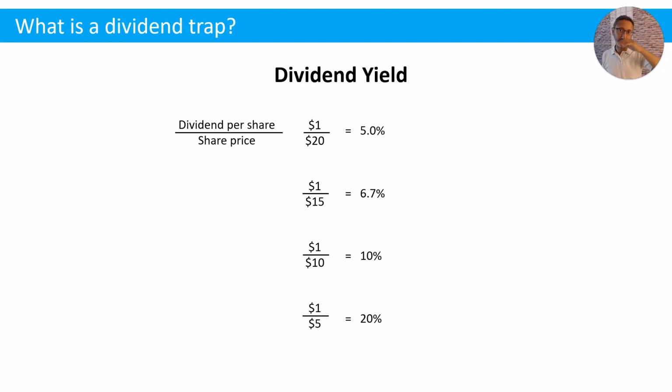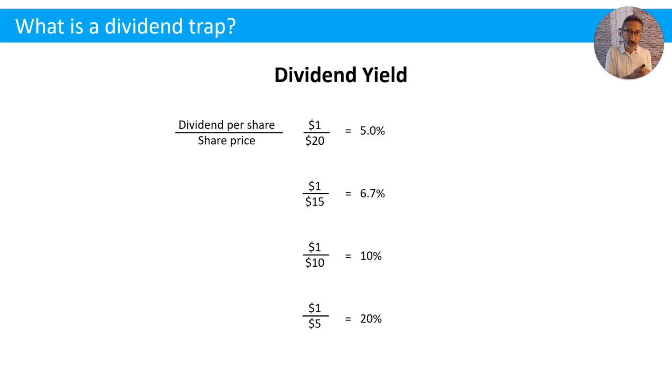Now, in this example on the screen, there's a reason why the stock price is now trading at $5. There's a reason why it went from 20 down to 5. We don't know the exact reason. This is just an example. But most likely there is something going on with this company.